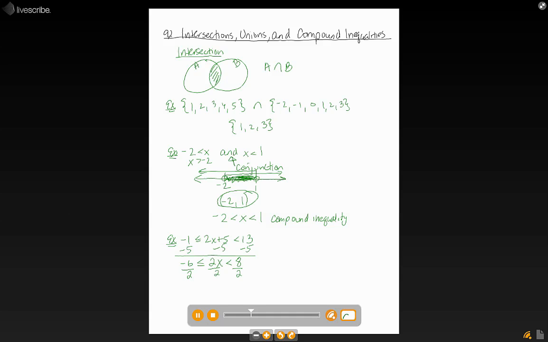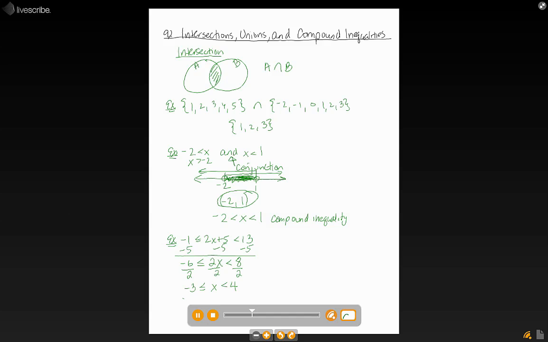So what do you get? Is that okay? All right, so now we've solved it, and it says solve, and I think they want it in set builder notation. How do we write set builder notation?